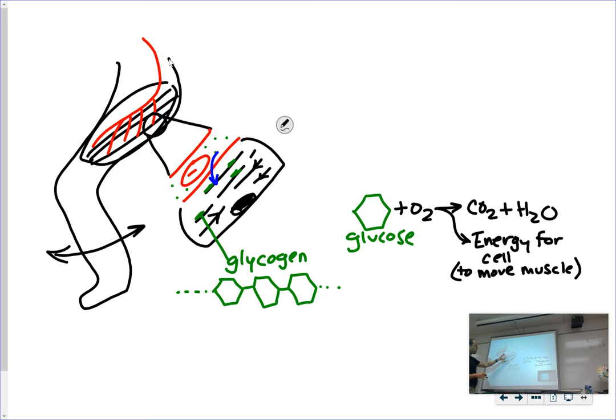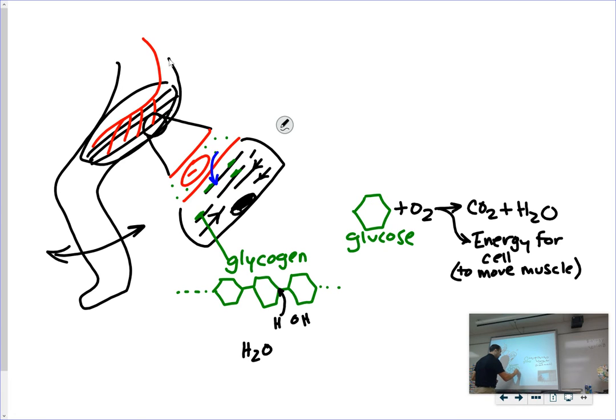So we have our fuel source, but again, we don't necessarily need to use the full fuel source all the time. So what happens is when we actually need that fuel source, when we're actually doing our exercise, what happens is water comes in, and water will get broken up into H and OH.